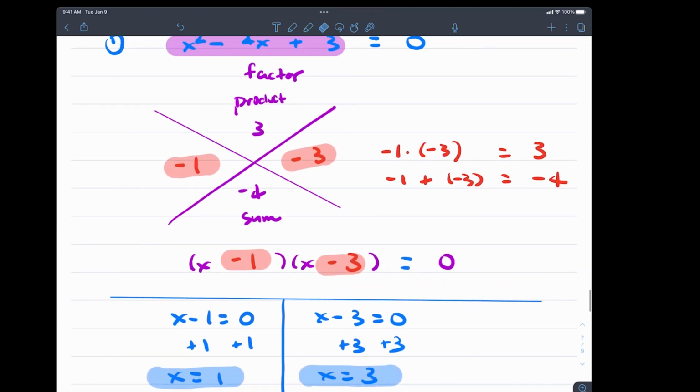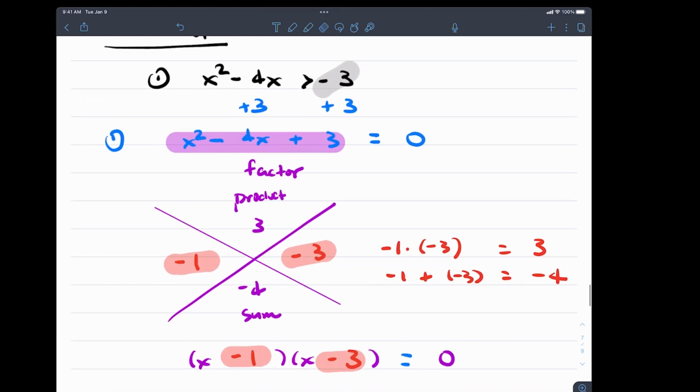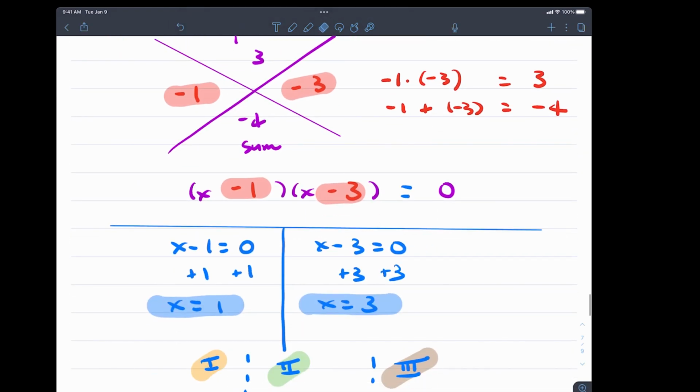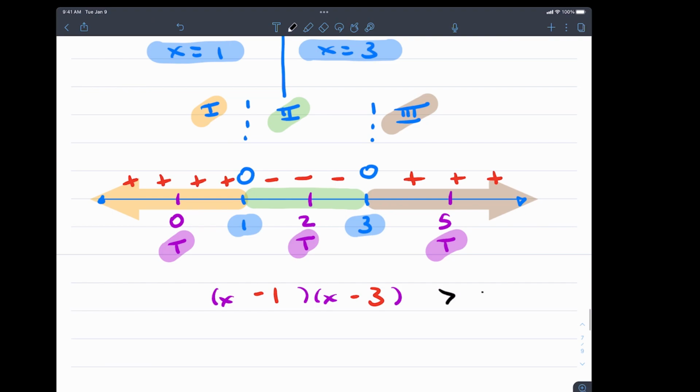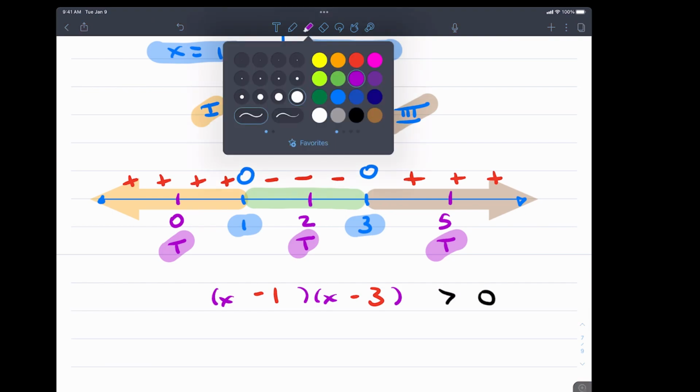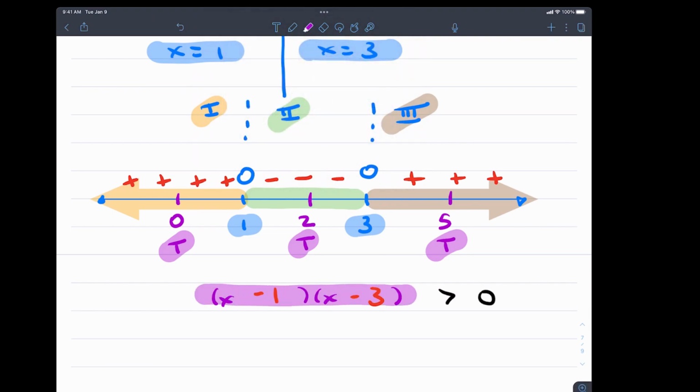All right, remember what this really is now. This is where this product was greater than 0. So if I factored it, they want to know where the product is greater than 0. Now, what does that mean to be greater than 0 again?